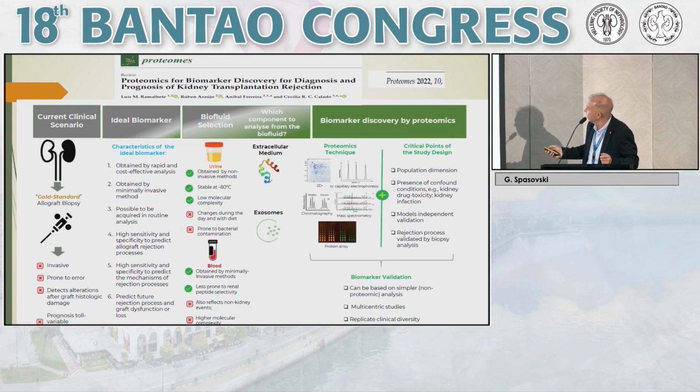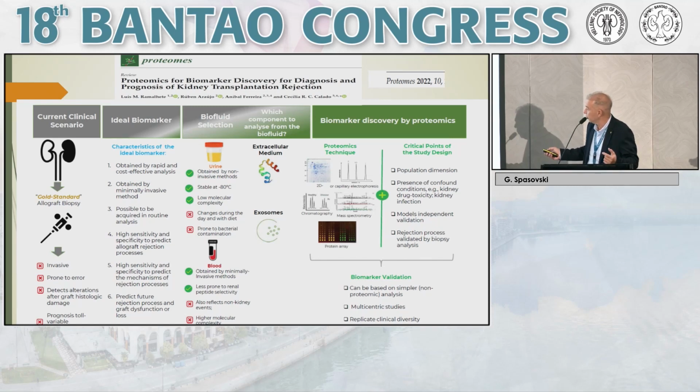Anyway, we need to know that there should be a wide variety of patients included in such a study, and the presence of confounding conditions like kidney drug toxicity, kidney infection, etc. We also need to think about developing models which are independent and validated thereafter.